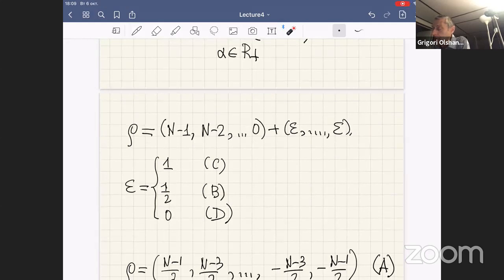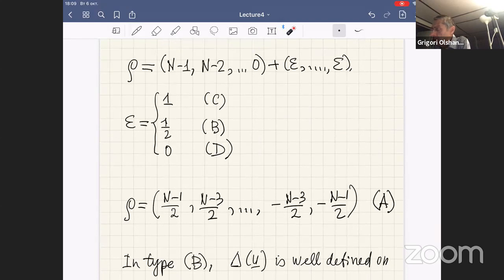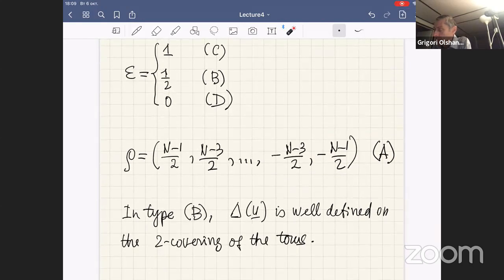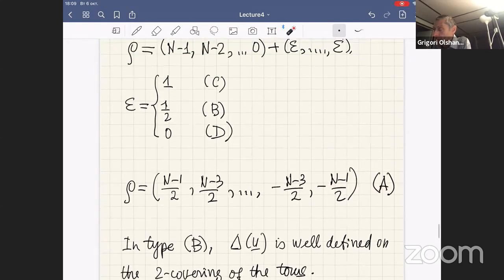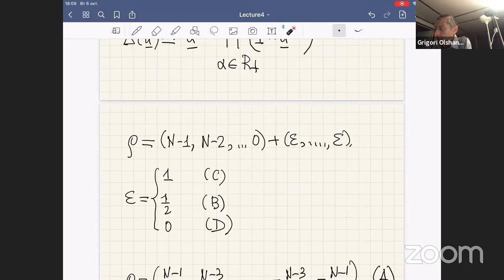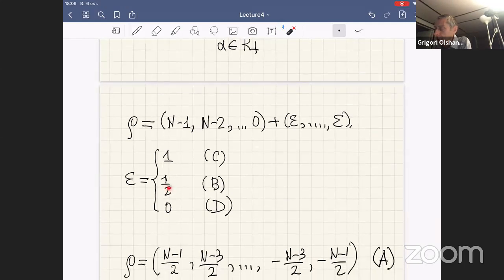I'm unable to rename this series, but instead I just write it in this order: C first, then B, and then D. And in type A, it looks as follows. Rho is as follows. So we see that type A is something separate.